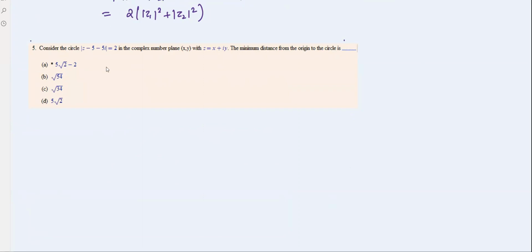Now consider the circle mod of Z minus 5i is equal to 2 in the complex plane x comma y with Z is equal to x plus iy. The minimum distance from the origin to the circle. Minimum distance. So let us do, that's a geometry problem. Let us draw the figure.